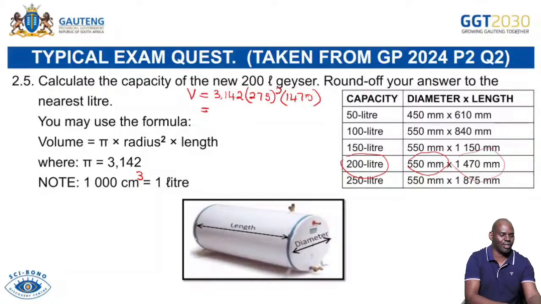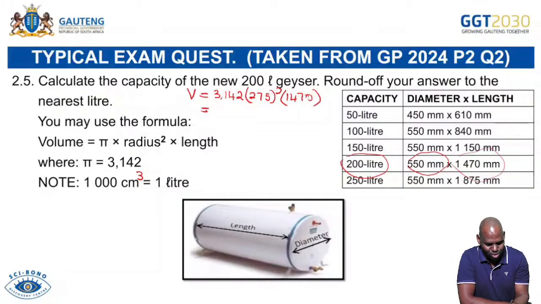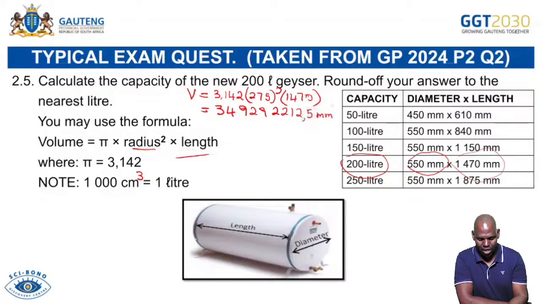Okay, so I'm getting a very big number. I'm getting 349,292,212.5. And remember, the radius and the length were in millimeters. So this is millimeter cubed.